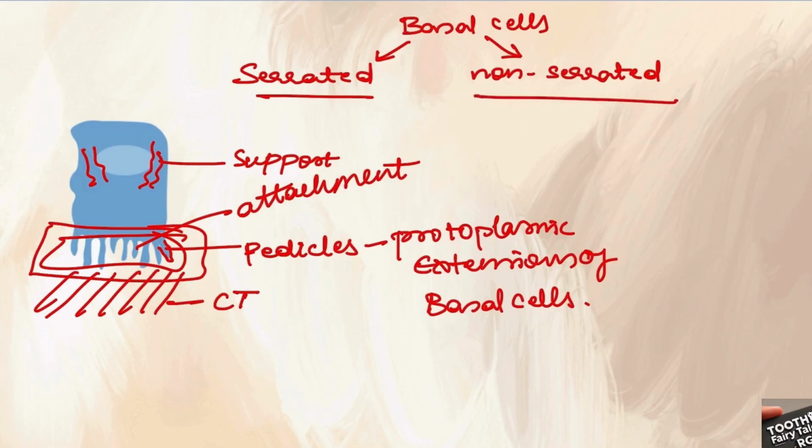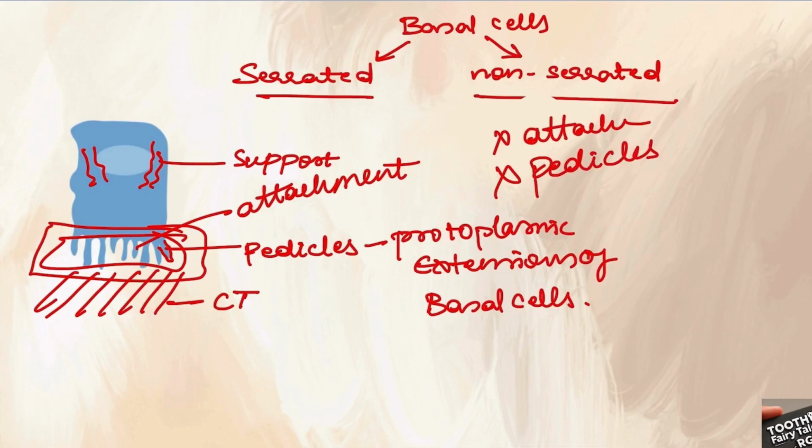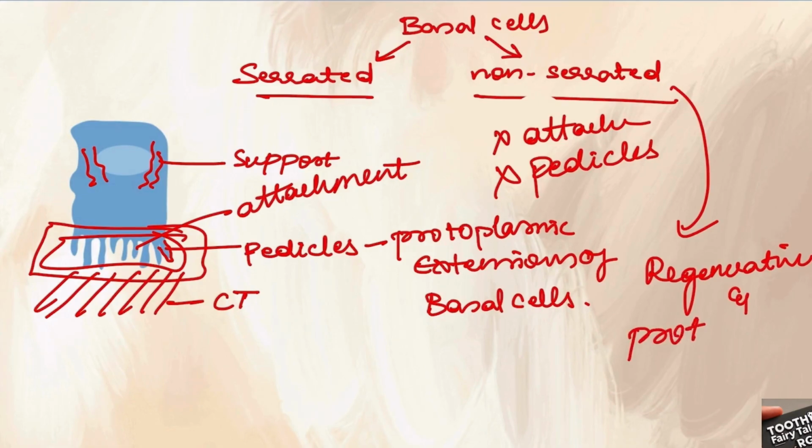The non-serrated cells, on the other hand, do not have these specialized structures called pedicles, and they are less involved in the attachment process. They are more focused on the regenerative and protein synthesizing functions.